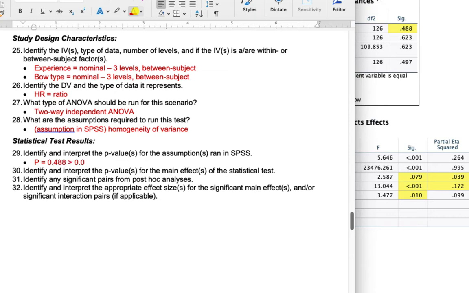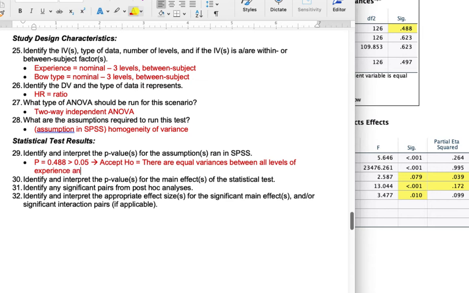And this is larger than 0.05, so that tells us that we should accept the null hypothesis and that there are equal variances between all levels of experience and bow types.